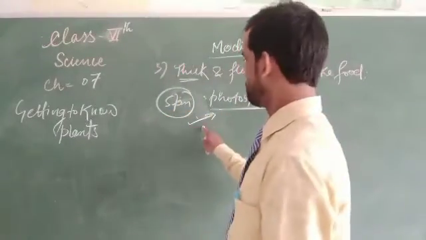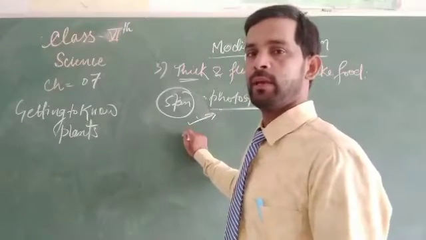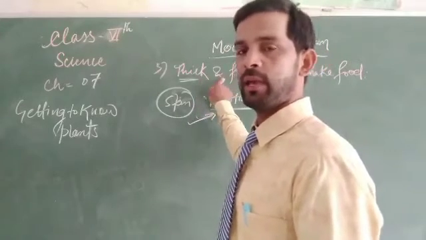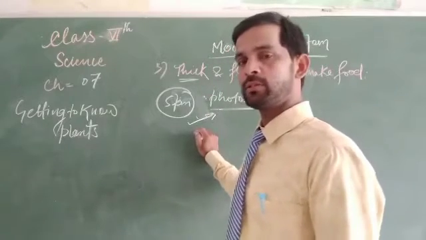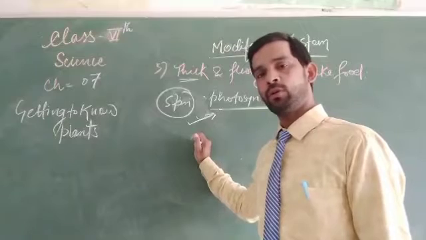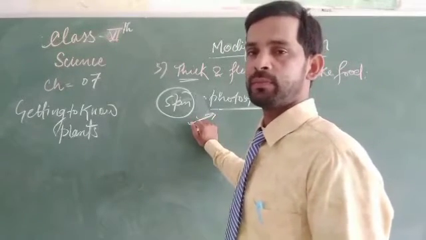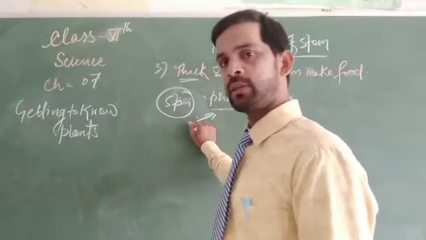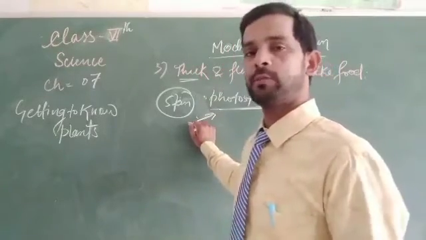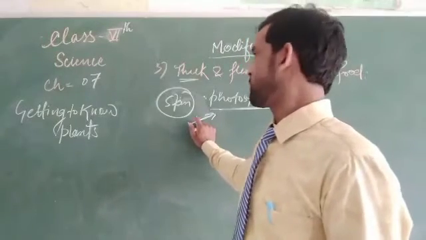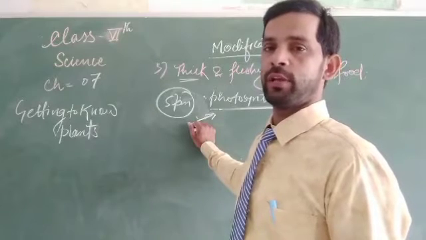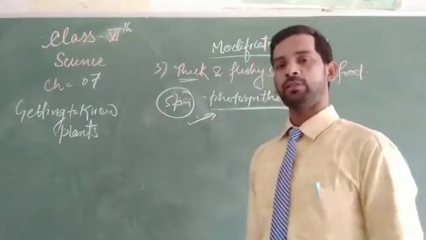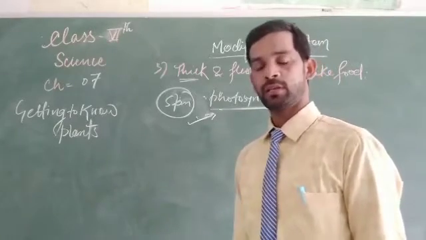Here the leaf is absent, and in the absence of a leaf, the stem gets modified into thick, fleshy and green, and can act as the photosynthetic resource. So photosynthesis takes place through the stem, and it can also store food in itself.